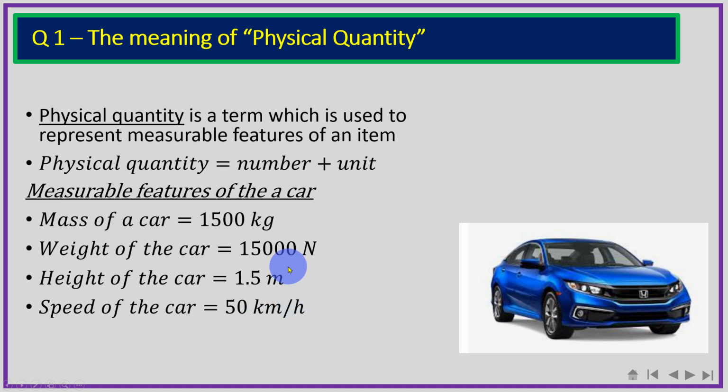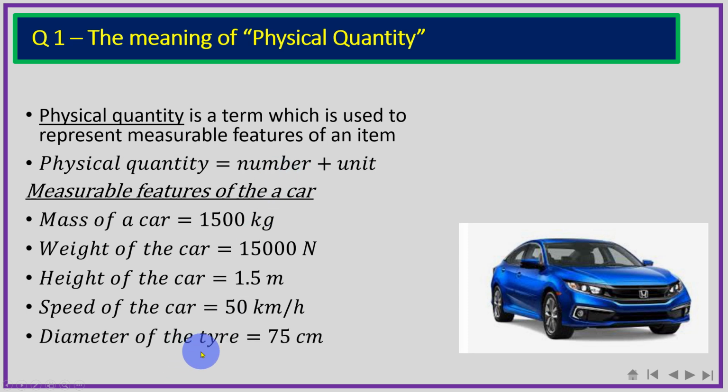When you look at physical quantities, for us to completely describe a physical quantity, we have to state a number and a unit. 1,500 kilograms. In fact, this is the definition of a physical quantity. A physical quantity is equal to a number plus unit, or the magnitude. That one is very important.